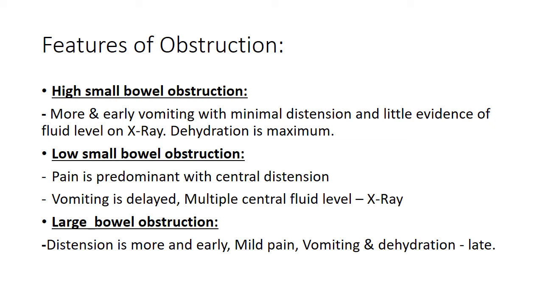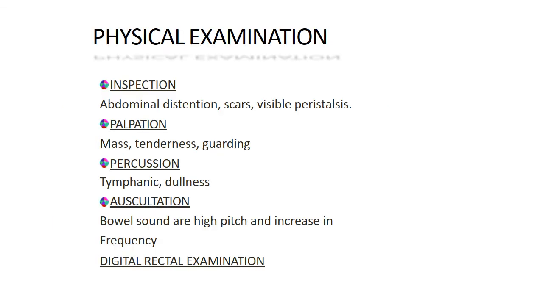On the other hand, in low small bowel obstruction, pain is predominant with central distension, vomiting is delayed, and multiple central fluid levels are found on abdominal X-ray. In large bowel obstruction, distension is an early presentation with mild pain and vomiting, and dehydration is a late presentation.